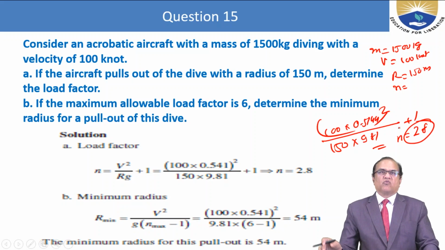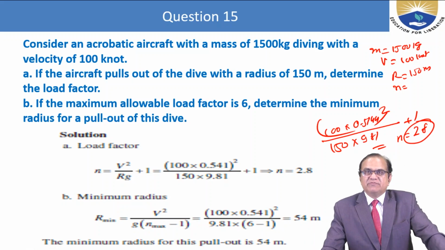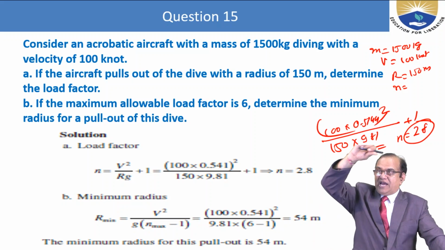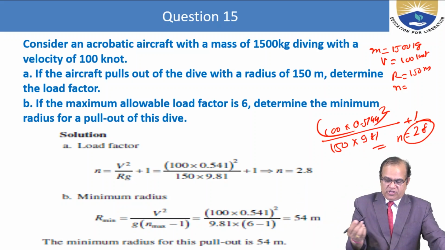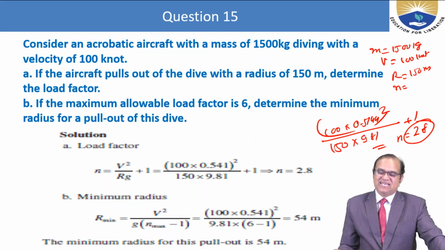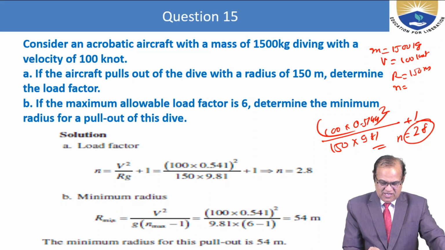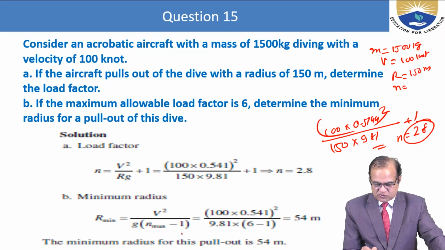Next is question number B. If the maximum allowable load factor is 6, determine the minimum radius for a pull out of the dive. So from dive, again it is pull out if the load factor is 6. So we know that R minimum is equal to V square by g into (n max minus 1).